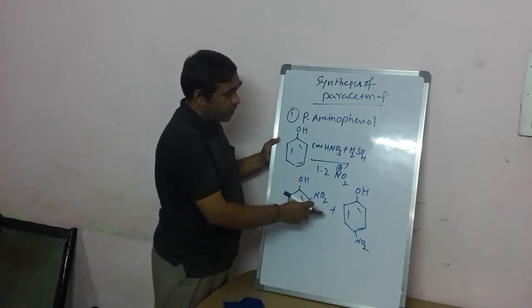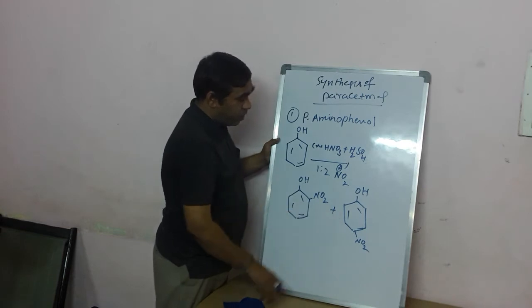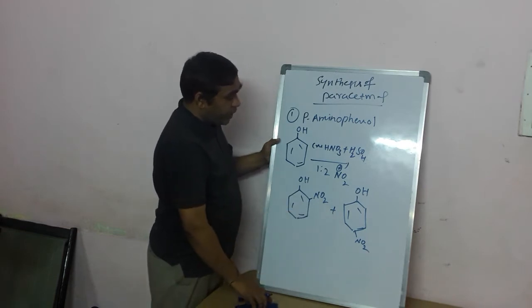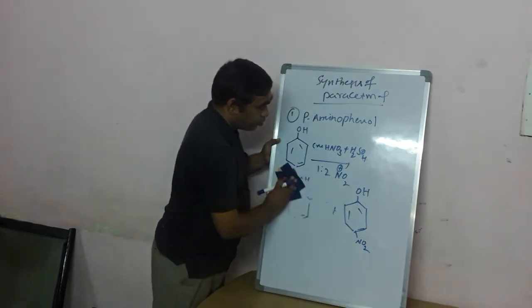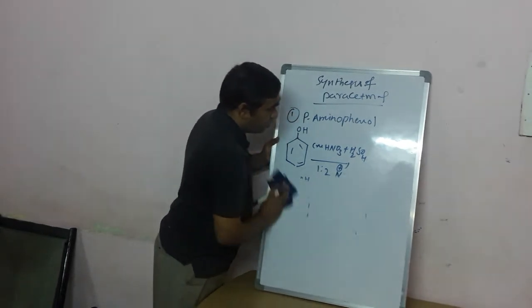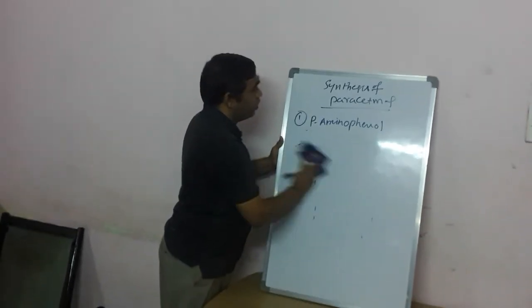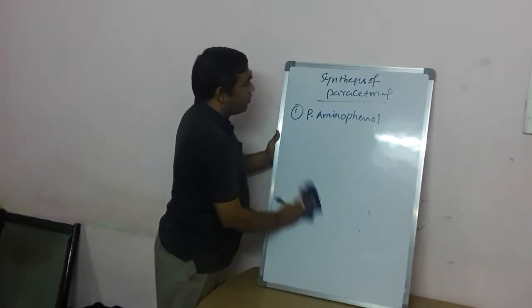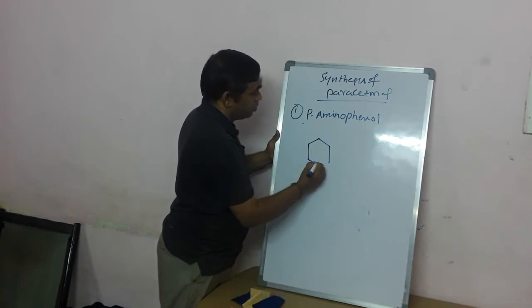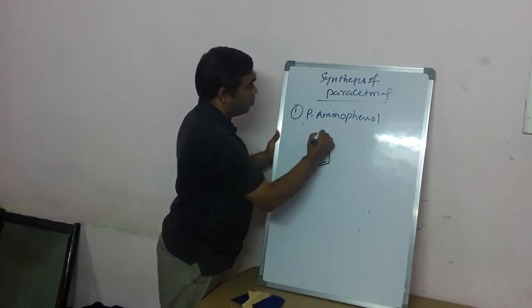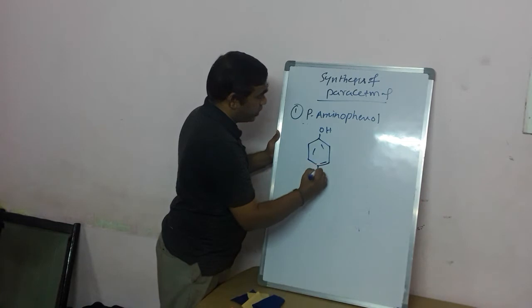So we get the para-nitrophenol. After getting para-nitrophenol, we have to do the reduction. This is the para-nitrophenol.